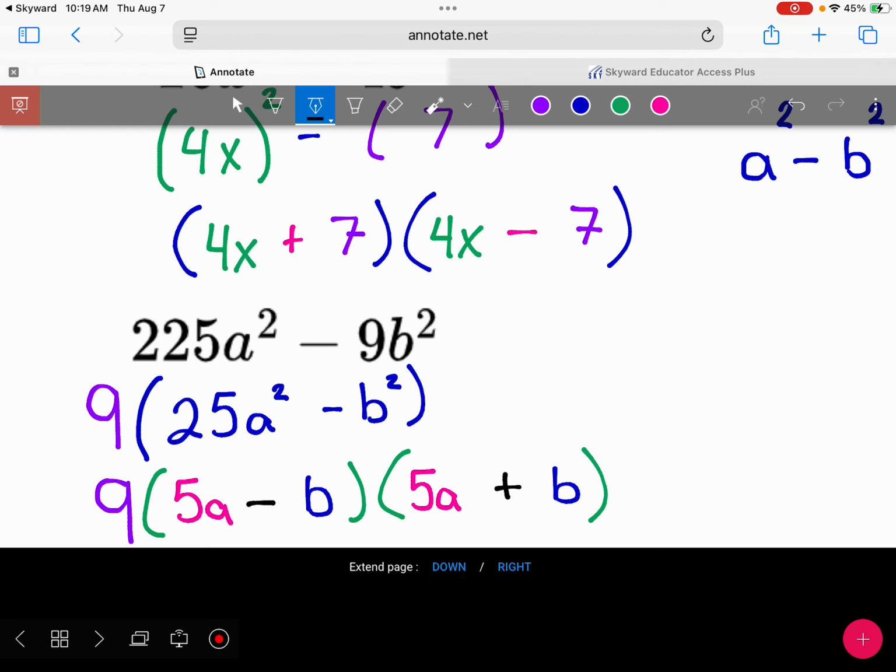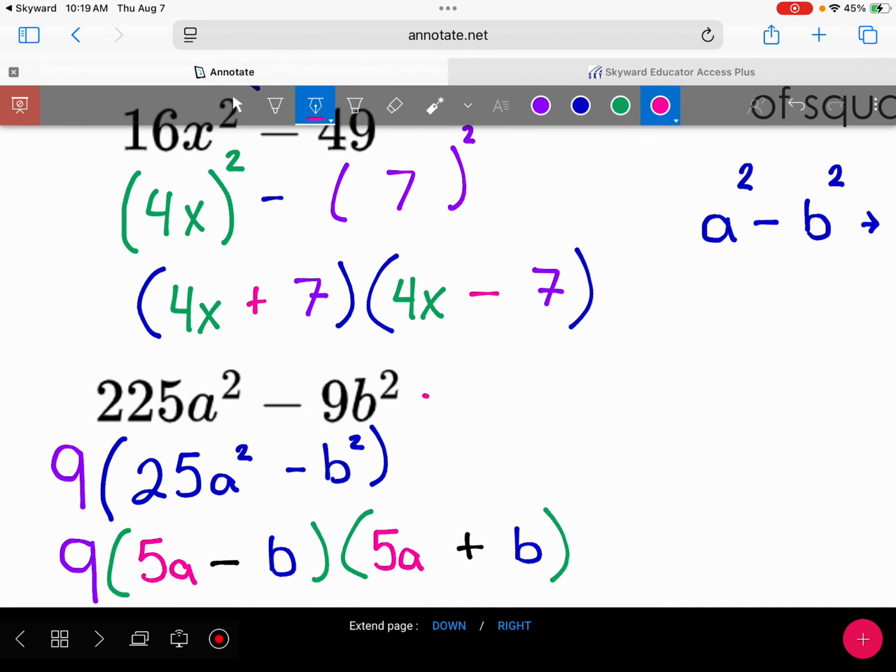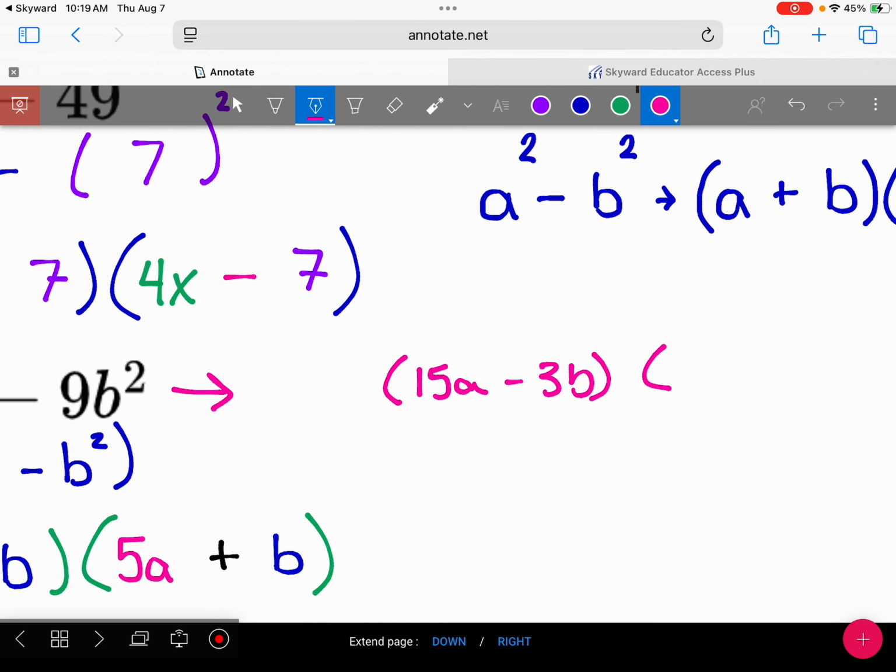Could you do it with the difference of perfect squares in the 225? Instead of taking the common multiplier, could you just do it from 15? If you did it up here where we had our 15a minus 3b and 15a plus 3b, notice in both of those factors you have a 3.